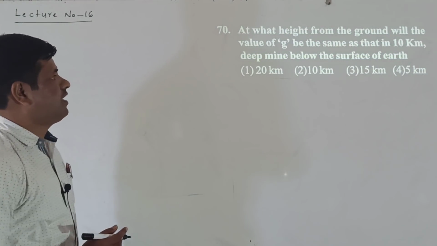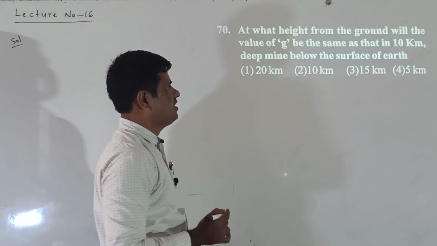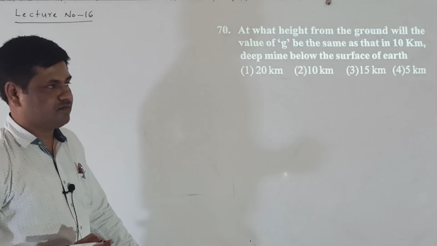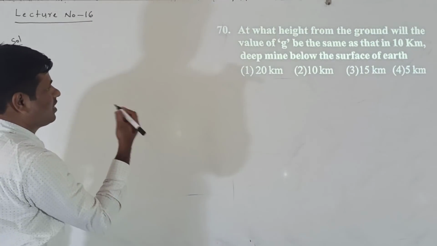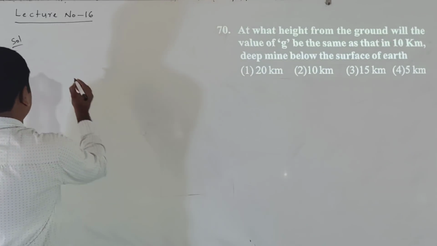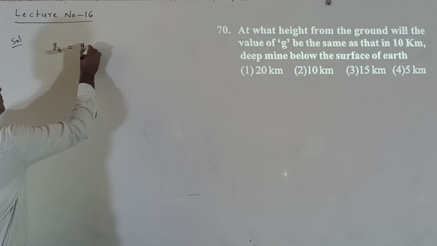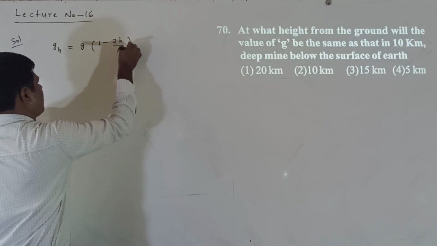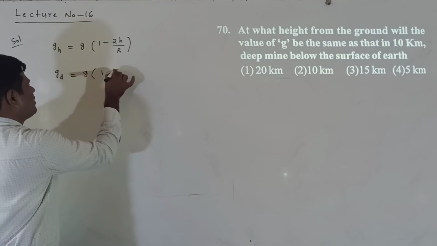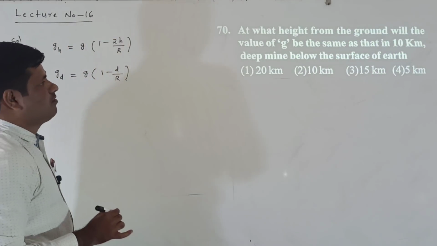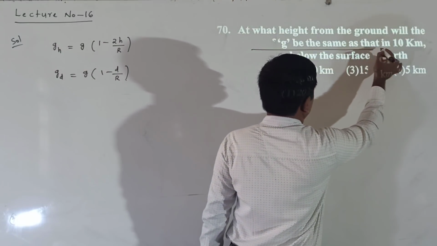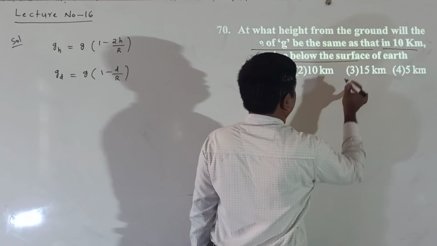Okay, next question. At what height from the ground will the value of g be the same as that at 10 kilometer deep below the surface of the earth? What is given here? At what height from the ground will the value of g be the same as at the given depth, that is 10 kilometer.